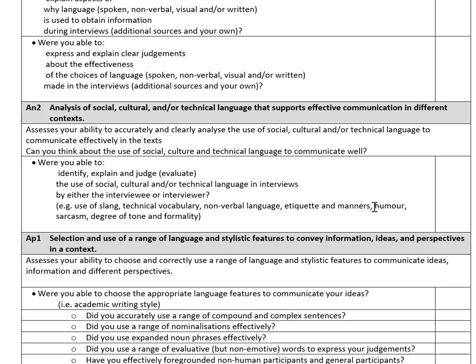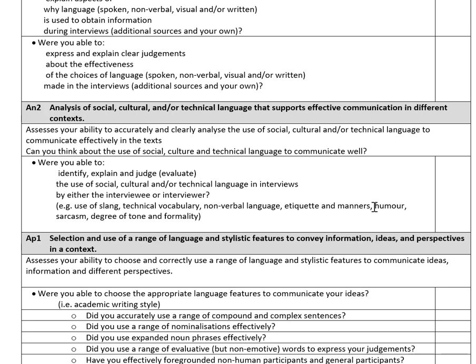So can you identify this language? Point out to me where this particular social or technical or cultural language is. Can you explain it to me? And can you judge, evaluate, tell me how good it is, the use of this language? For example, the use of technical language in a particular topic.